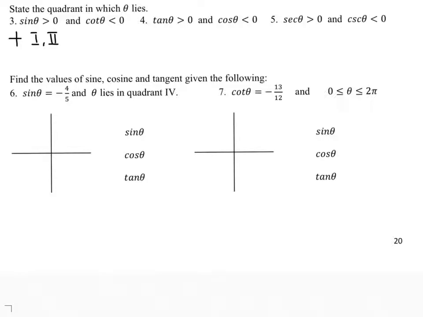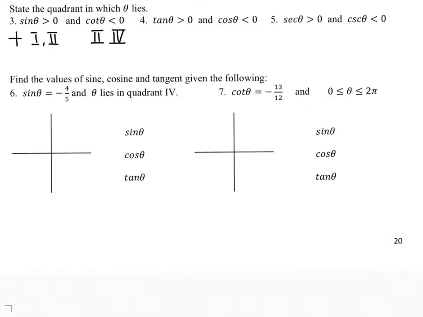Where will your cotangent be negative? Cotangent is adjacent over opposite. Negative cotangent means it's going to fall in the second or the fourth quadrant.